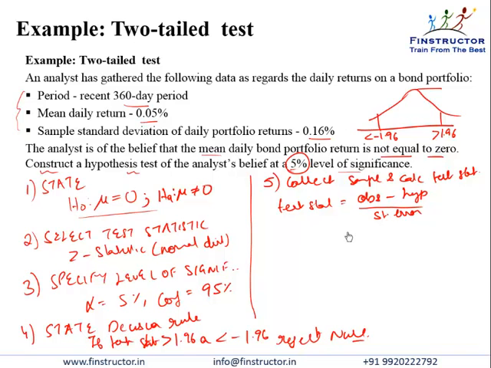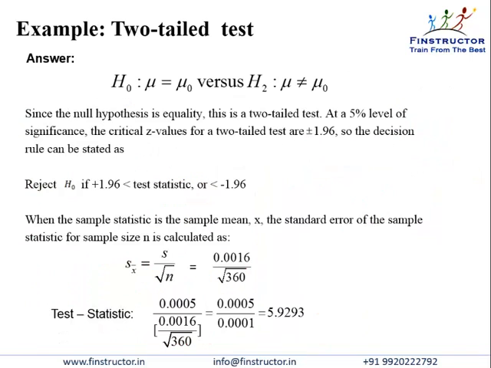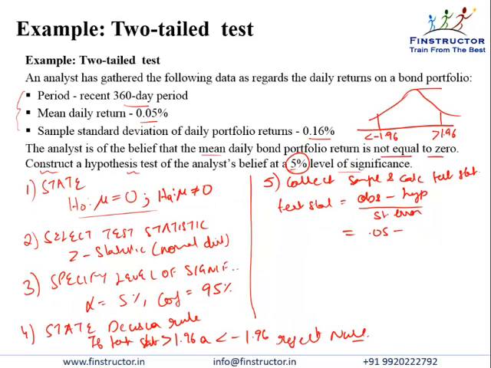The observed value is 0.05. The hypothesized value is 0. The standard error is not given to us. The sample standard deviation is given to us. So the standard error can be calculated as 0.16 divided by the square root of 360.